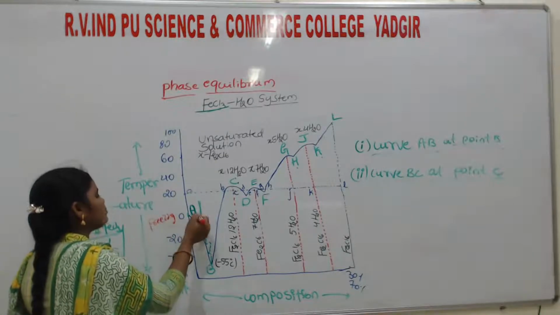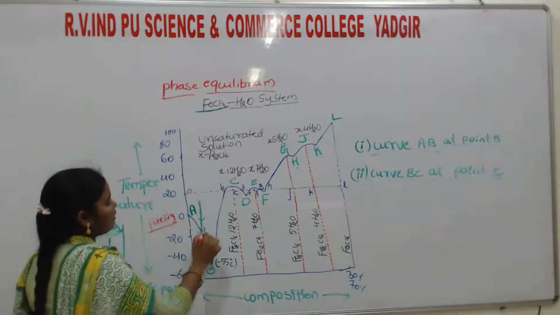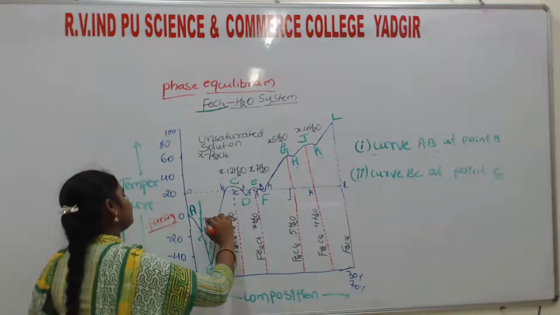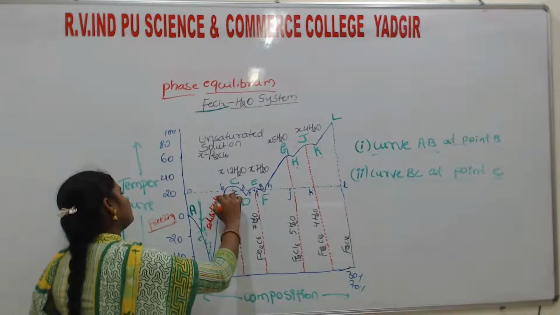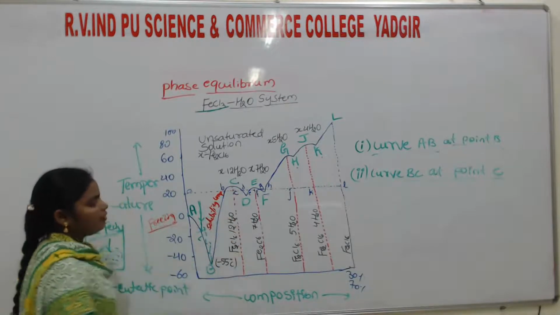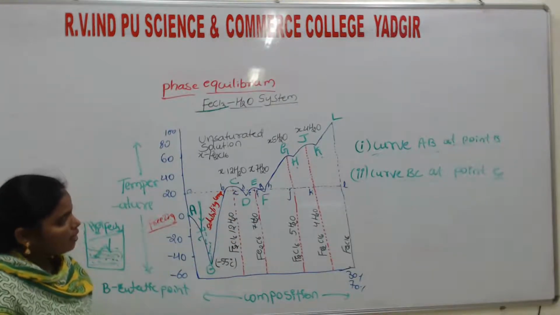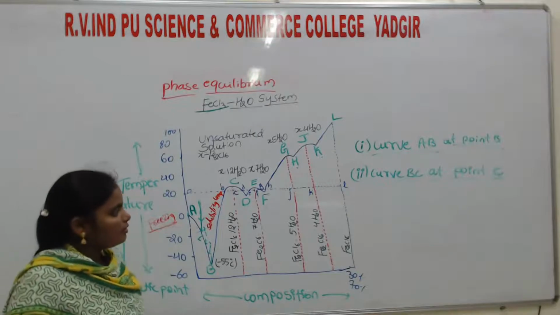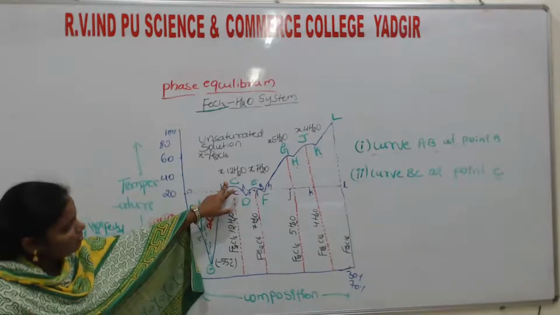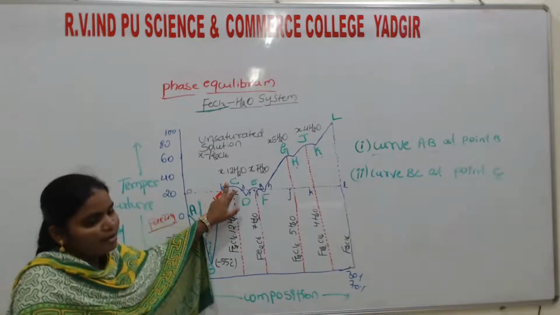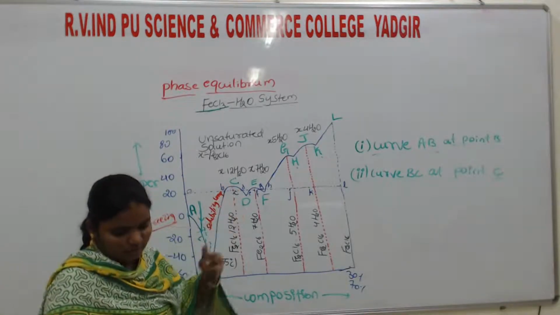You are freezing the water molecules, freezing curve, and this is a solubility curve. This is the solubility curve of this Fe2Cl6 12H2O. And here this point C is the congruent melting point.